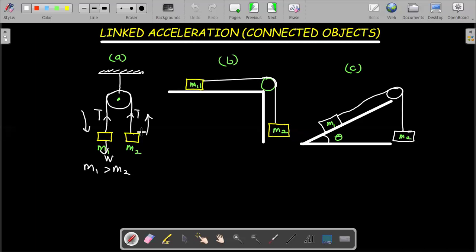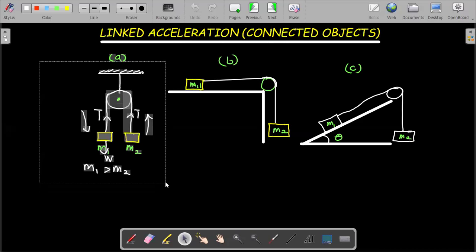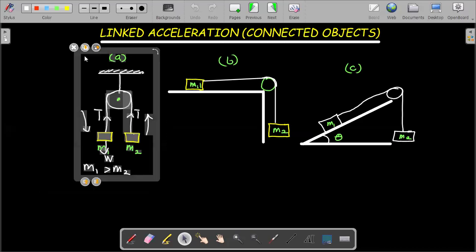So all these concepts must be very, very clear before we delve deep into linked acceleration. Now, we're going to pick each of these systems one after the other, and analyze them so that we can fully understand what is happening in each case.